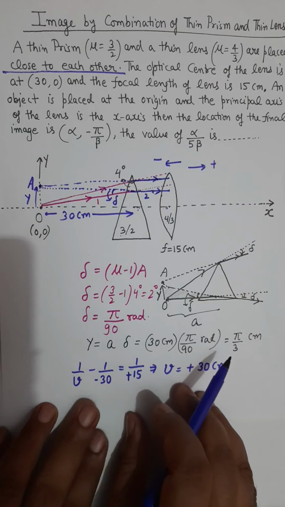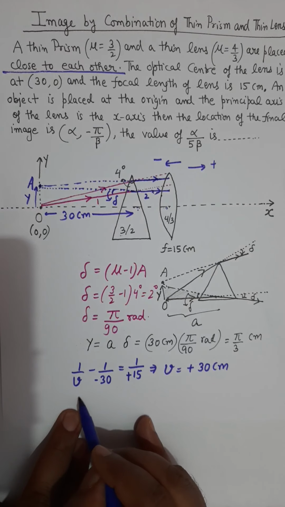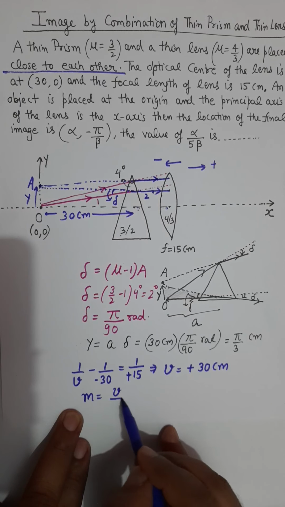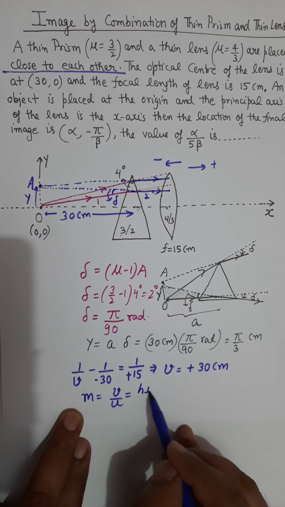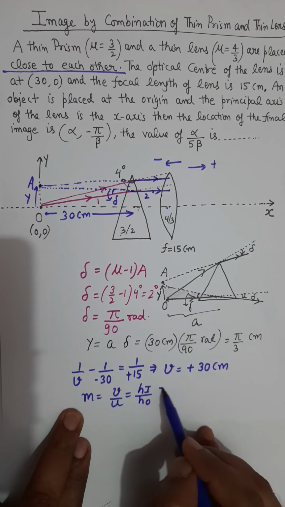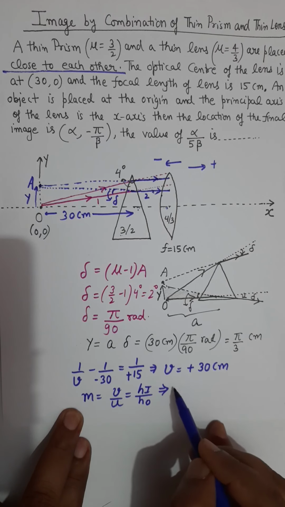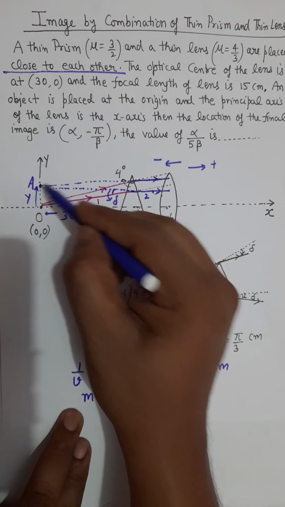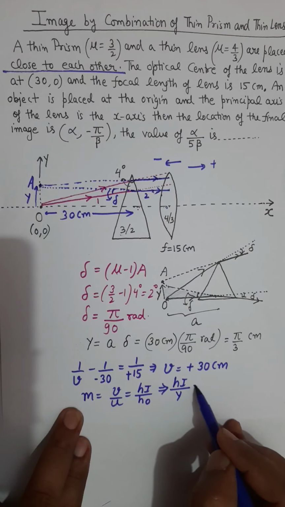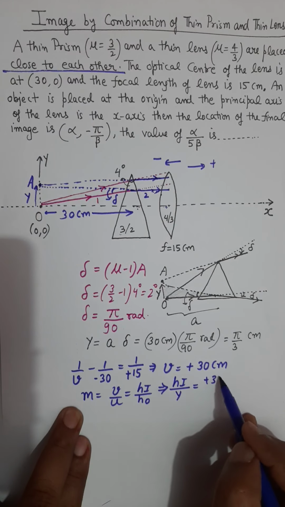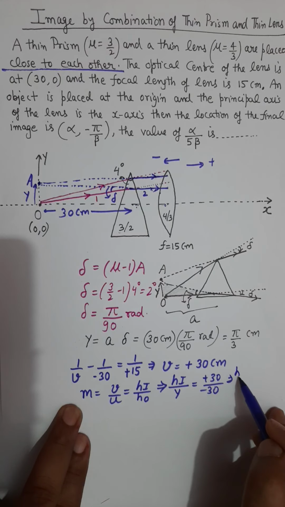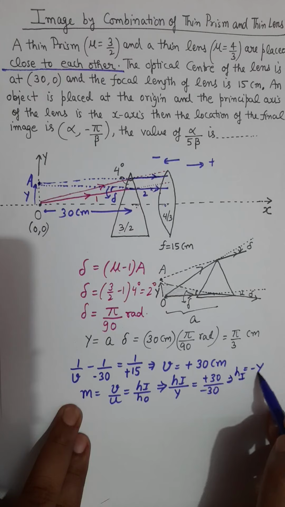And further you can find the magnification of the image, which is defined as v over u, and also the ratio of h_i over h_o. Notice that the height of the object is this value of y, v is plus 30 and u is minus 30. That means the height of the image from the principal axis will be minus y.